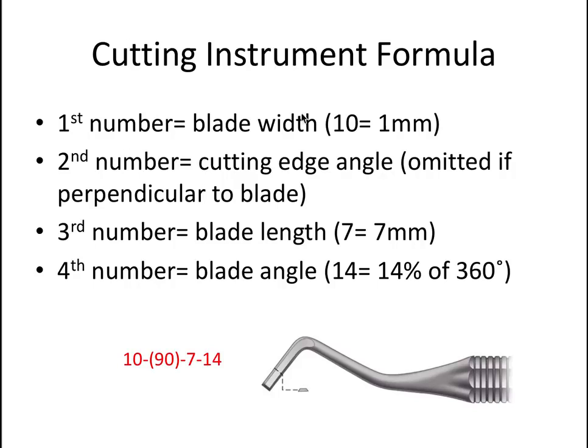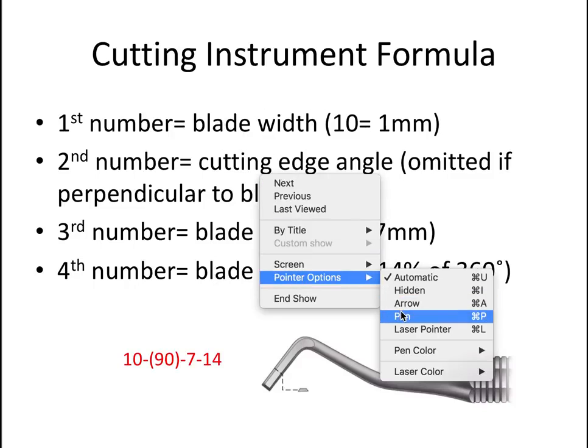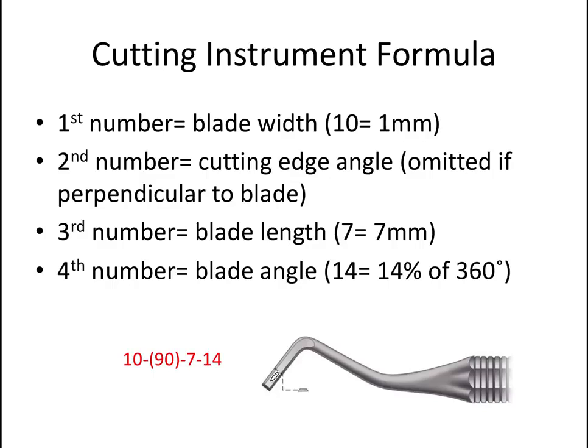The first number refers to the width of the blade. So in this example, this instrument has a first number of 10, so that refers to this dimension of the blade being just 1 millimeter. So this number is referring to the width of the blade in tenths of a millimeter.